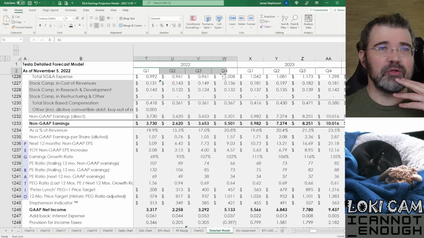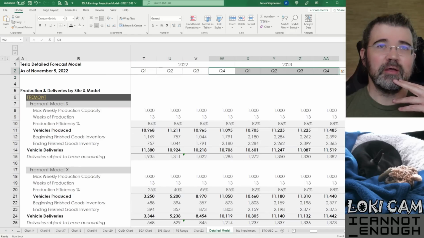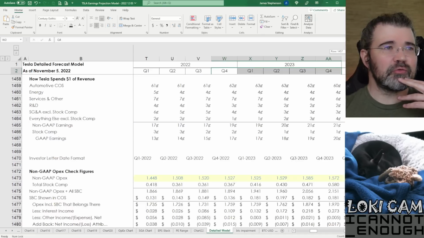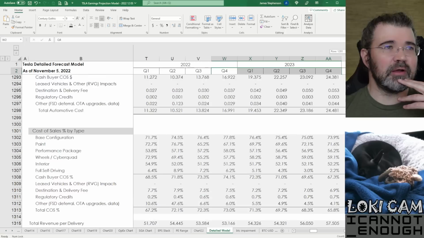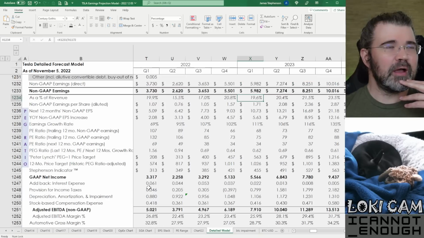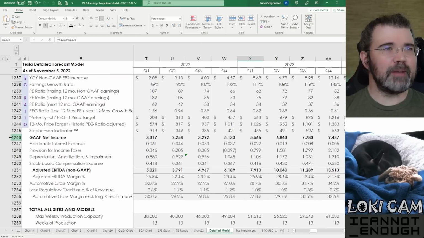So, those are actuals, and Q4 through the end of 2023, those are my forecasts, and I just lost my place. So I'll scroll right back to where we were. Luckily, I have the PEG ratio to use as a milestone for me. Okay, so we know what our GAAP net income is.